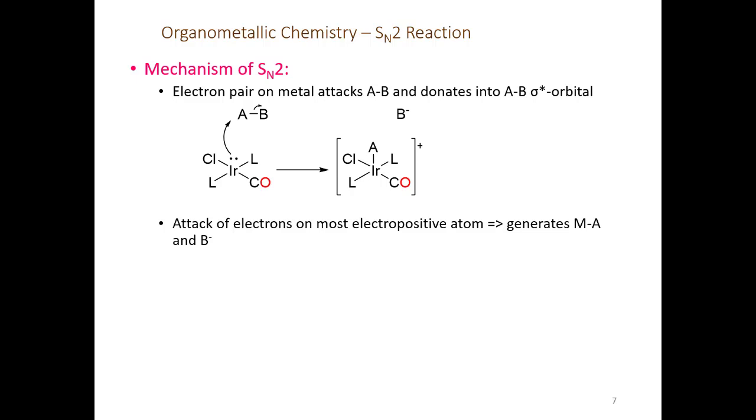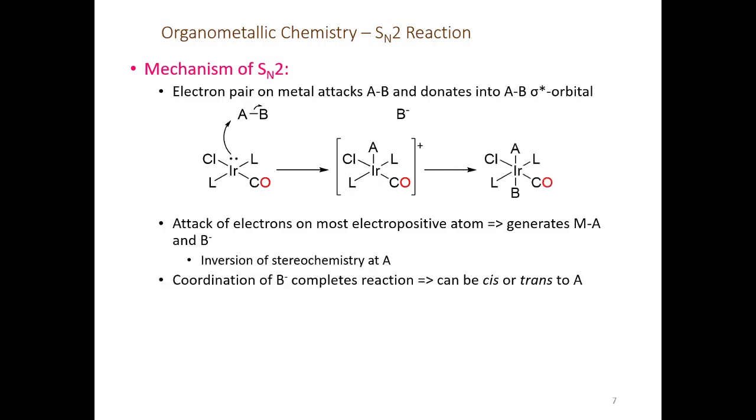It's just in this case, your nucleophile is a very electron-rich metal center, which then gets oxidized. So just like in the organic reaction, there is inversion of the stereochemistry at A, because this is an SN2 mechanism where you have bond forming and bond breaking in your transition state.